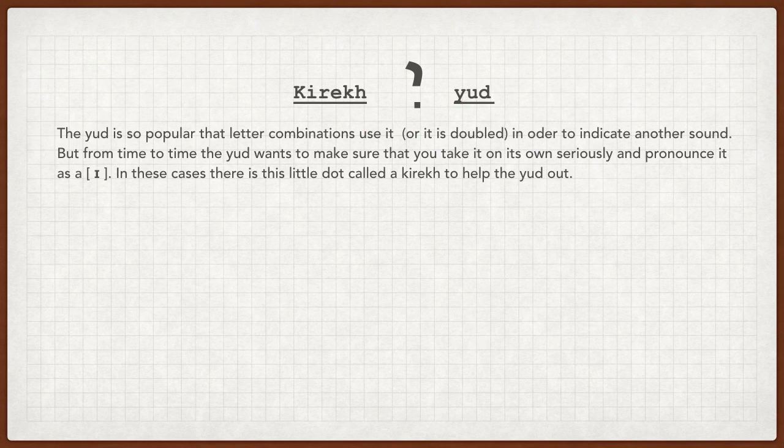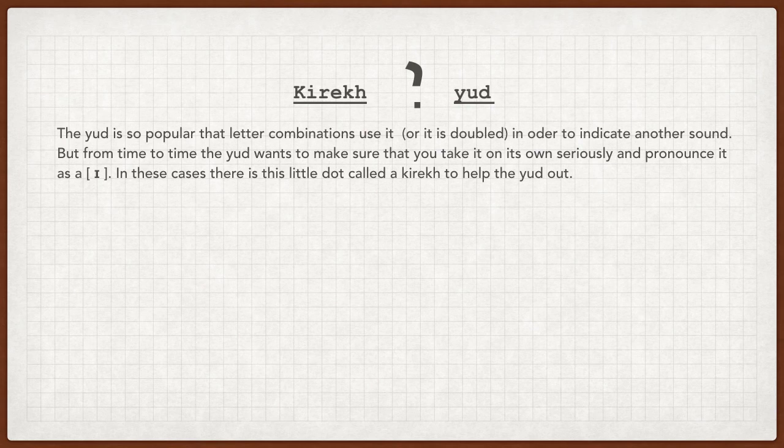But from time to time, it is imperative to show that the Yod is a strong, independent letter and it can be an I sound on its own. And we have 3 different cases when we need to show that the Yod is an I sound. And these are the following.